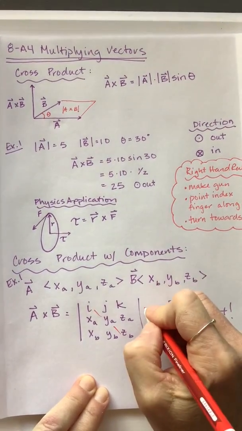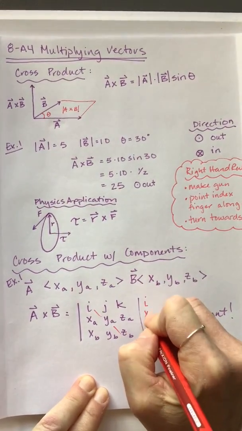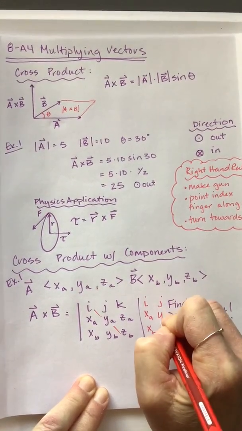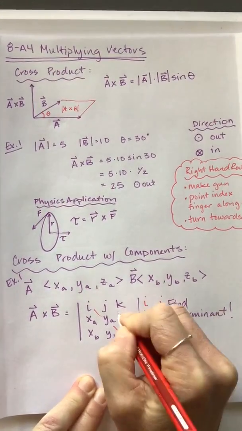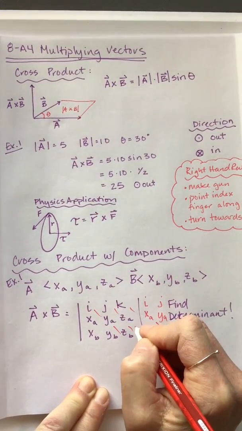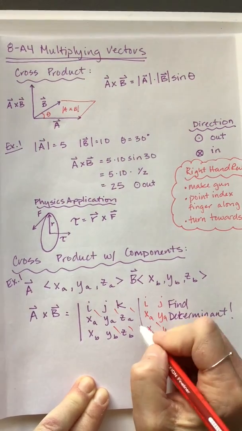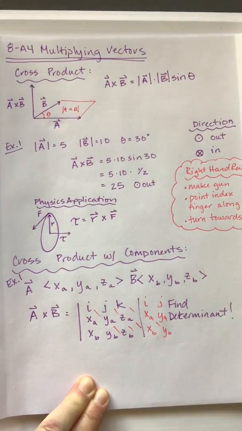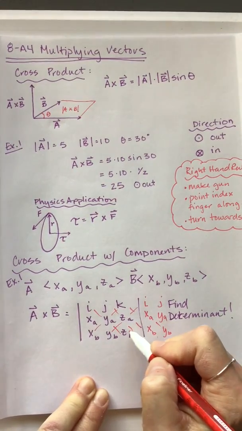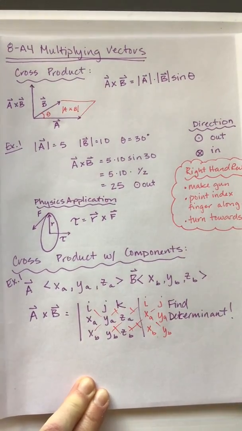We would copy these over, X sub A, X sub B, and Y sub A, and Y sub B. And we're going to cross those over. Oops, I messed up there, didn't I? There we go. And then we go this way, and this way, and this way.